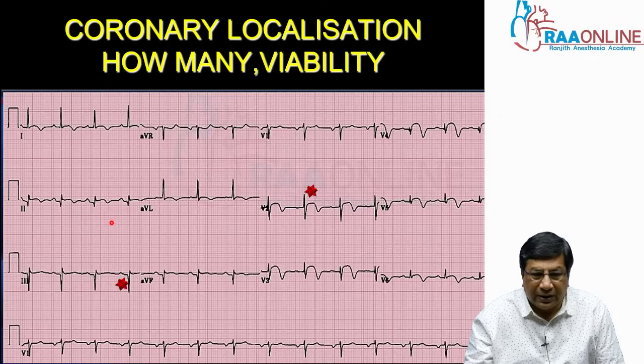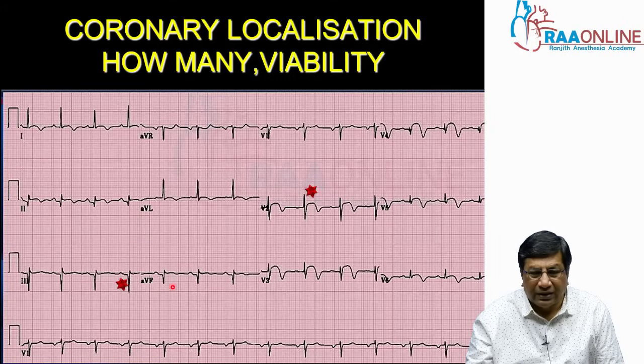For example, in this patient with inferior wall infarction, you have an established or subacute inferior wall infarction shown by a pathological Q wave and a small R wave, which tells me that in the inferior wall I have a predominantly dead myocardium, and a small R tells me there is a small healthy myocardium.